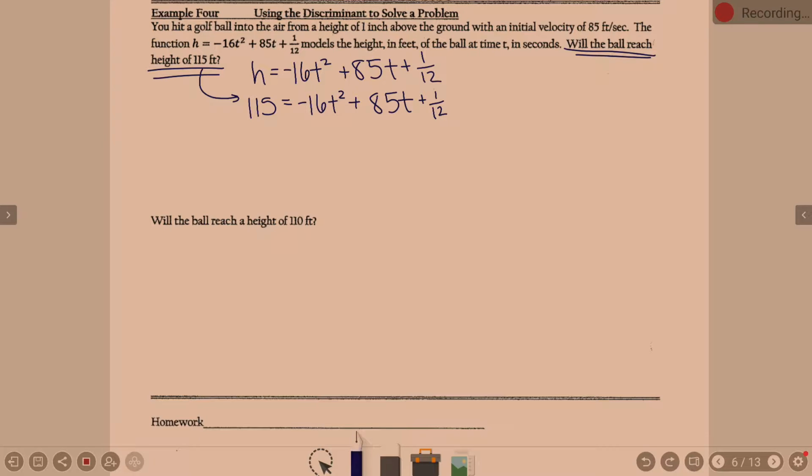To do anything related to this lesson, it has to be equal to 0. So how do I make this equal to 0? Subtract 115 from both sides.